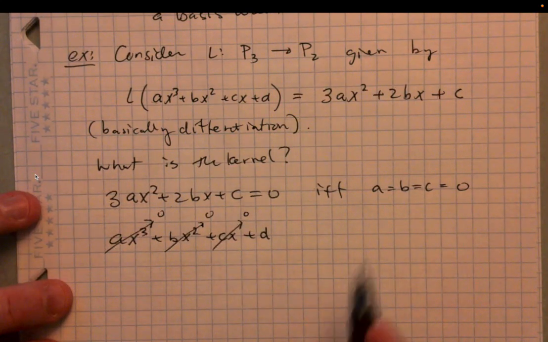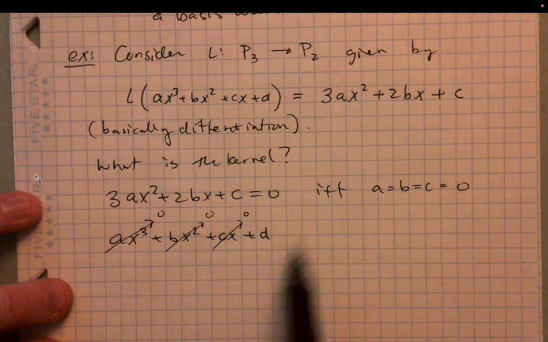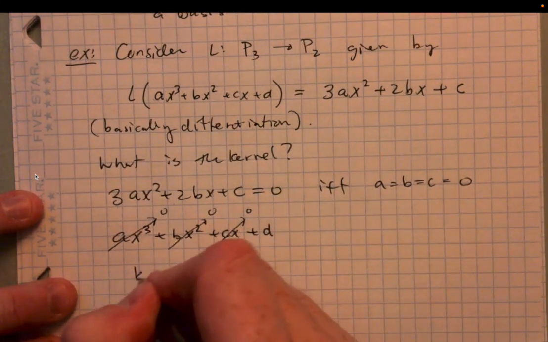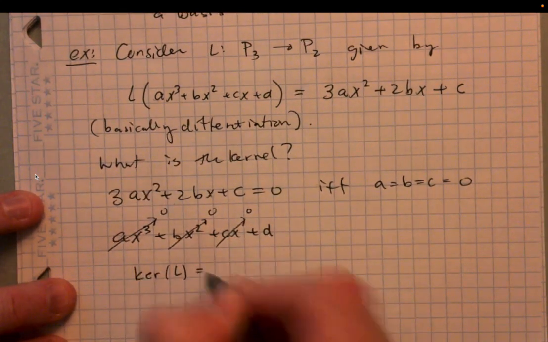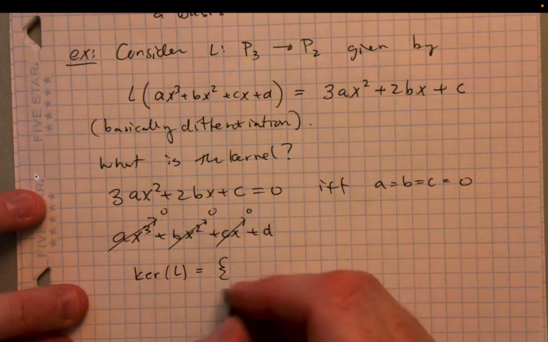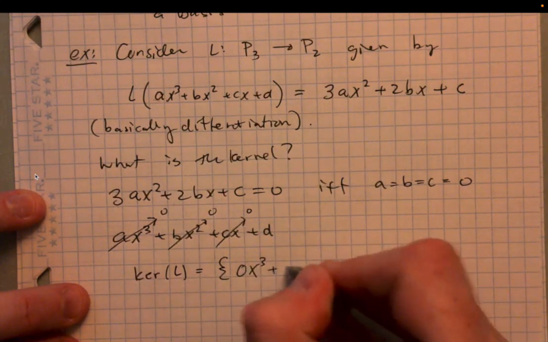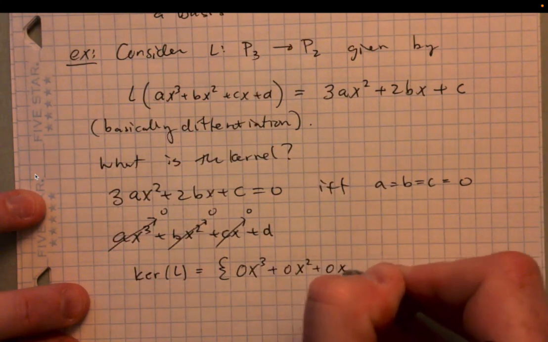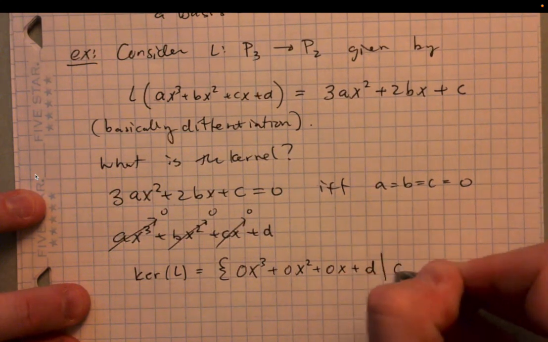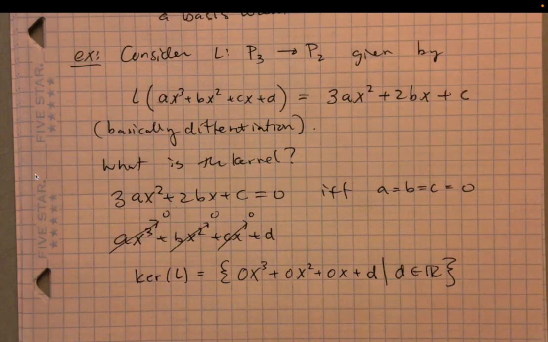So the kernel is basically the constants, the set of constant polynomials. So the kernel of L is going to be, and I'm going to write it all out, certainly not how you'd want to write it, but just to make it plain, 0x cubed plus 0x squared plus 0x plus d, such that d is a real number. And that's the kernel.